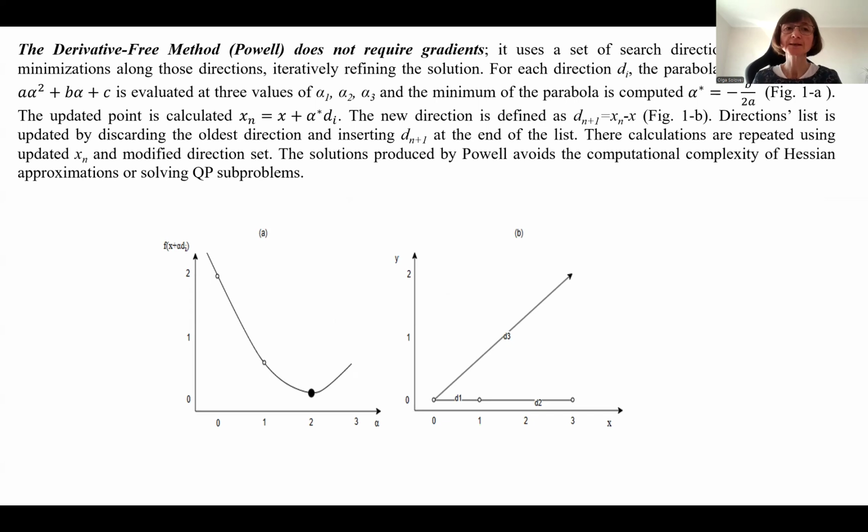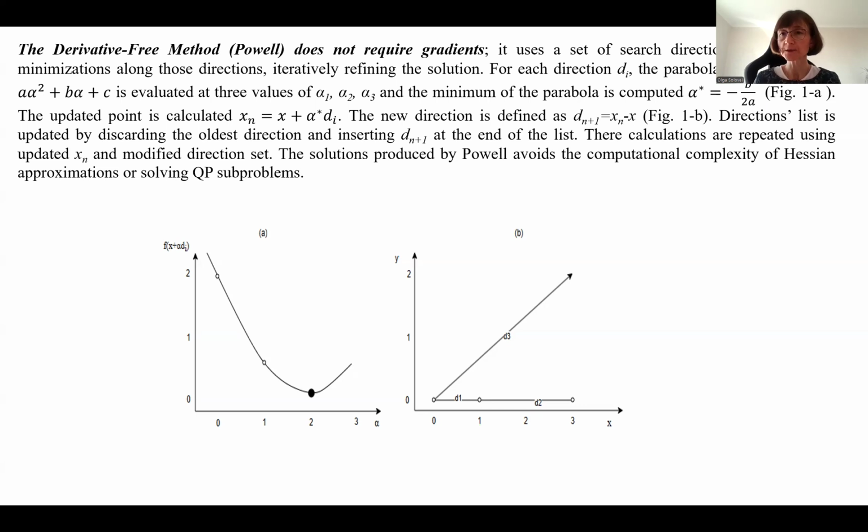Next is the derivative-free method, Powell. It uses a set of directions, and in each direction, using a parabola function through 3 sample points in the direction, it selects the point that gives the minimum of the parabola function.